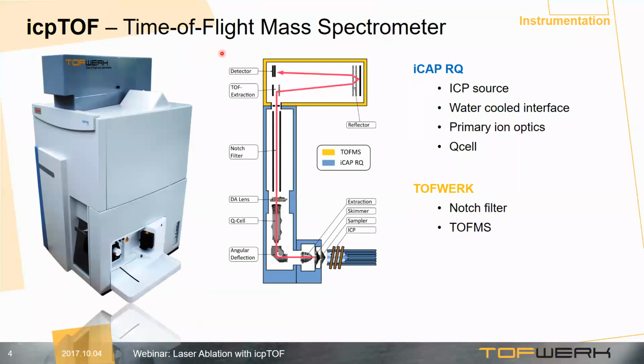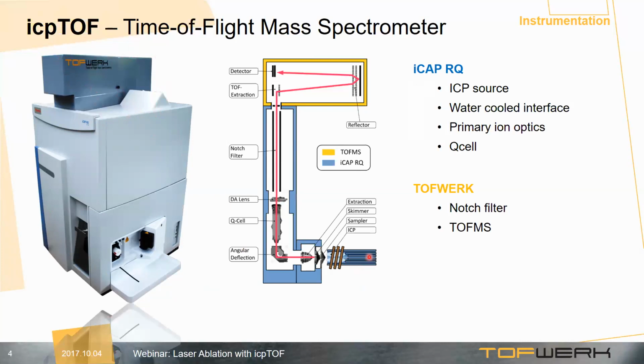Okay, but here we're talking about time of flight mass spectrometry. On the left here is our icp-TOF instrument. It's about the size of a fridge, a European-sized fridge, I should say, so it's fairly compact. Some of you may notice that we use the iCAP RQ, which is a quadrupole instrument from Thermo, and we add a time of flight analyzer on the top.